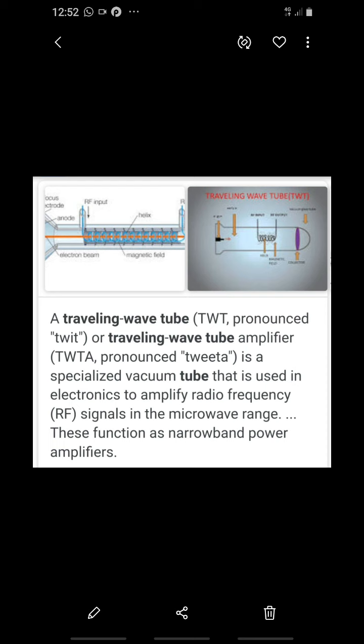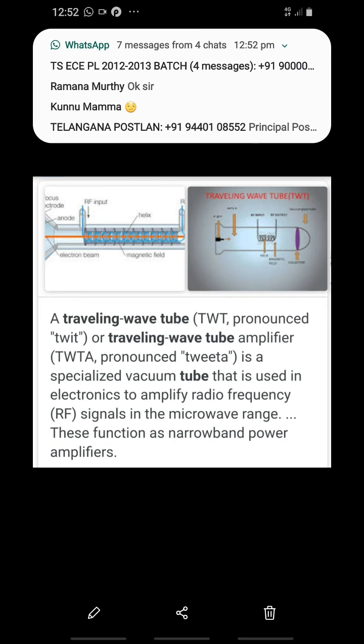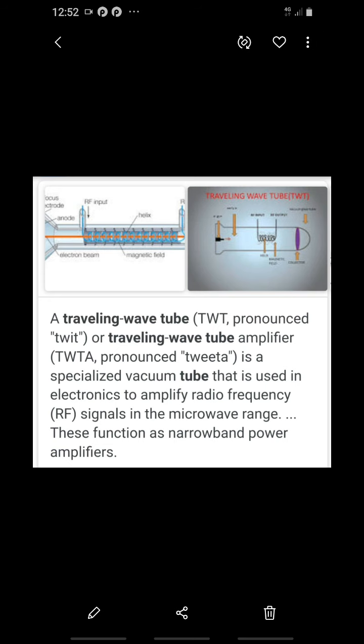In TWT, when the RF wave and the electron beam are moving with similar velocities, a continuous interaction between the input wave and the electron beam takes place, resulting in bunches, and these bunches grow as the beam moves further in the helix. In this way, the input is amplified.